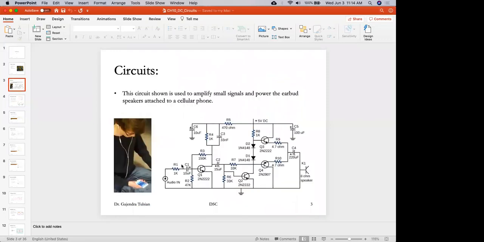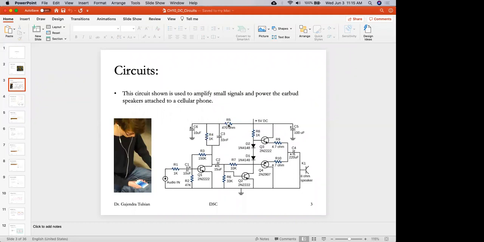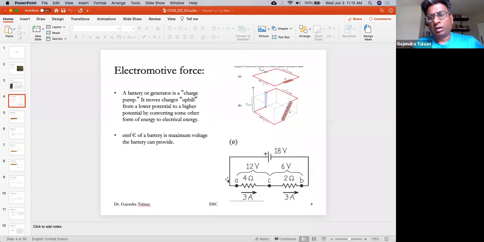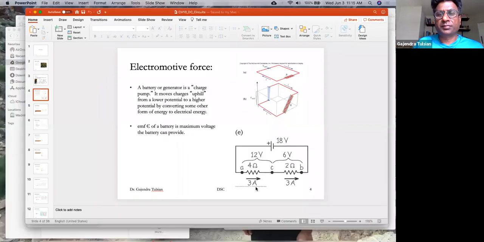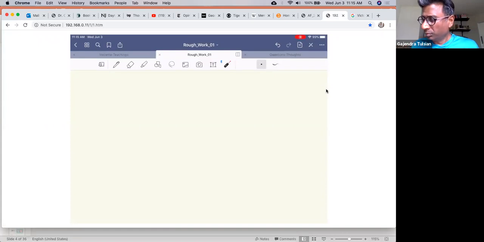So we are interested in solving circuits like this. What that means is we want to know the current through every element in the circuit. If you had a single source and a circuit like this, just two resistors in series, then finding the current is easy. You just use Ohm's law. So I'll do a simple circuit.